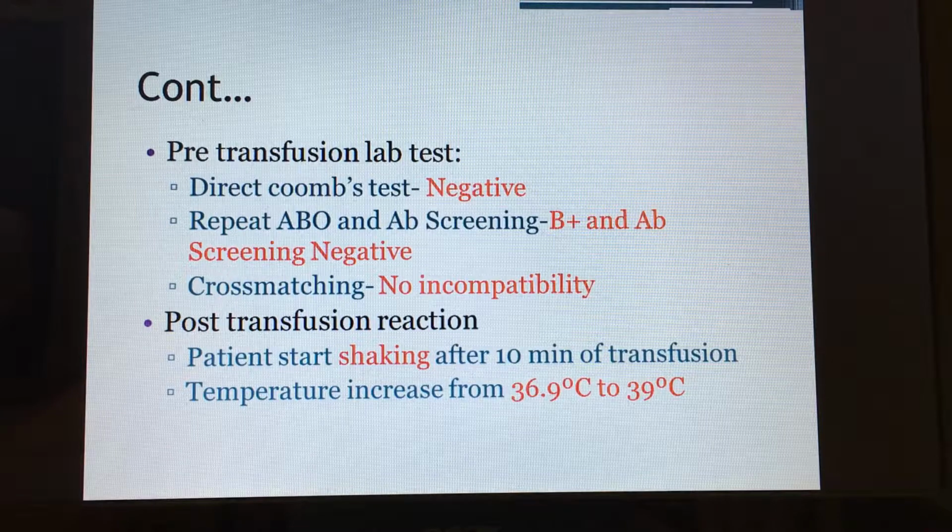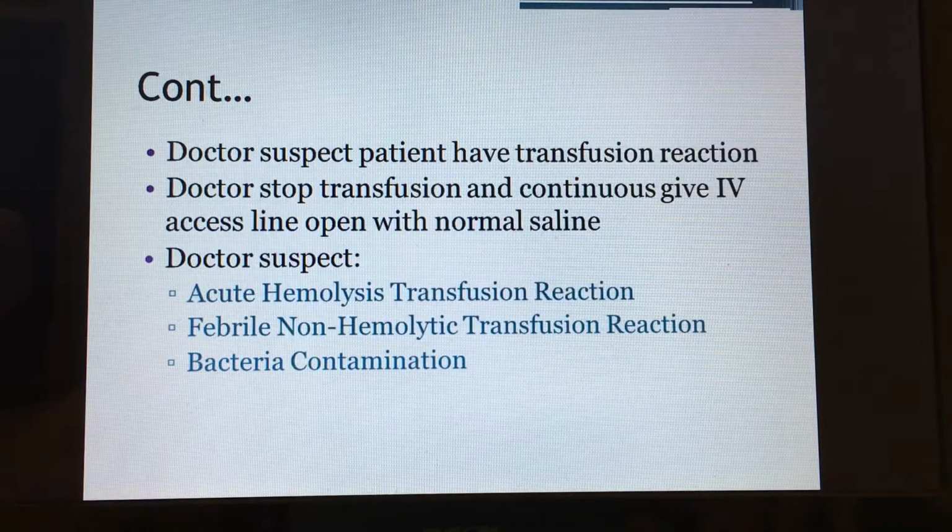The post-transfusion reaction observed by the physicians was that the patient started shaking 10 minutes after the transfusion, and the temperature increased from 36.9 degrees Celsius to 39 degrees Celsius.